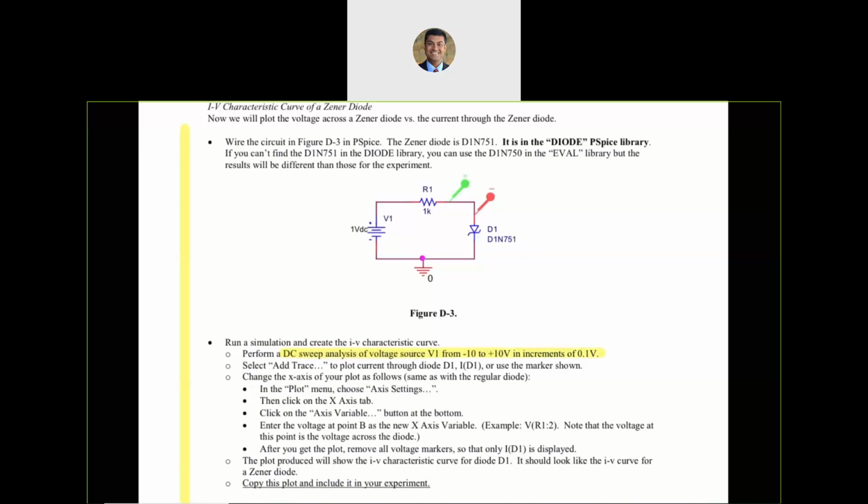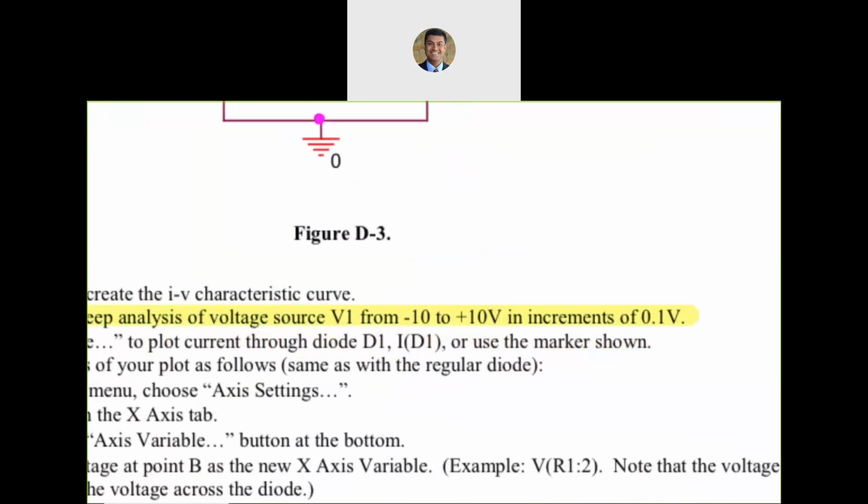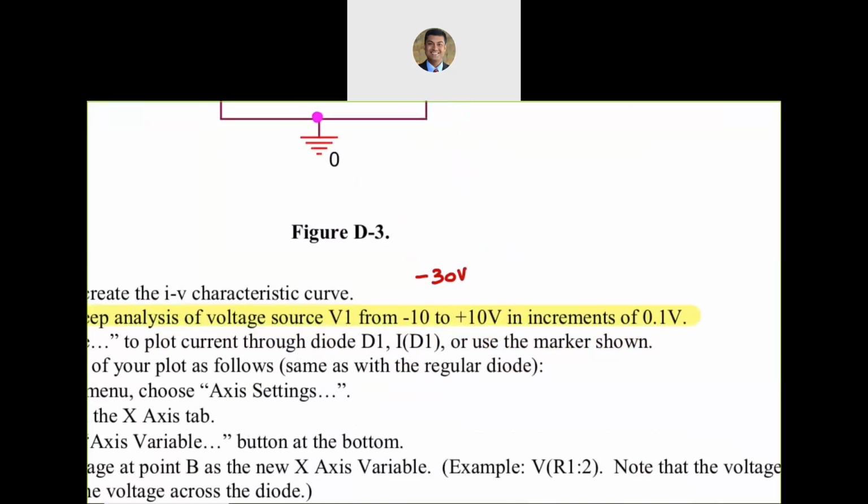Yesterday, during office hours, there were some questions about this. It turns out that if you go only from negative 10 to positive 10, you might not be able to explore all the knee current. So you might not be able to go down to say negative 5.1 volts. So what I would recommend is change this. Instead of going from negative 10 to 10, go negative 30 volts to 30 volts.